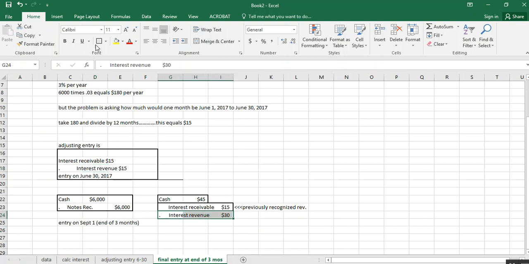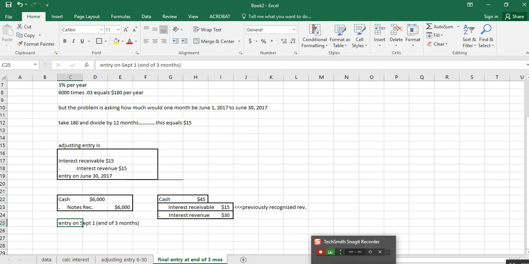You will carefully note that the sum of interest revenue at the end, in other words, on September 1st, count with your fingers. June to July 1st is 1 month. I got to show you my fingers. Here we go.